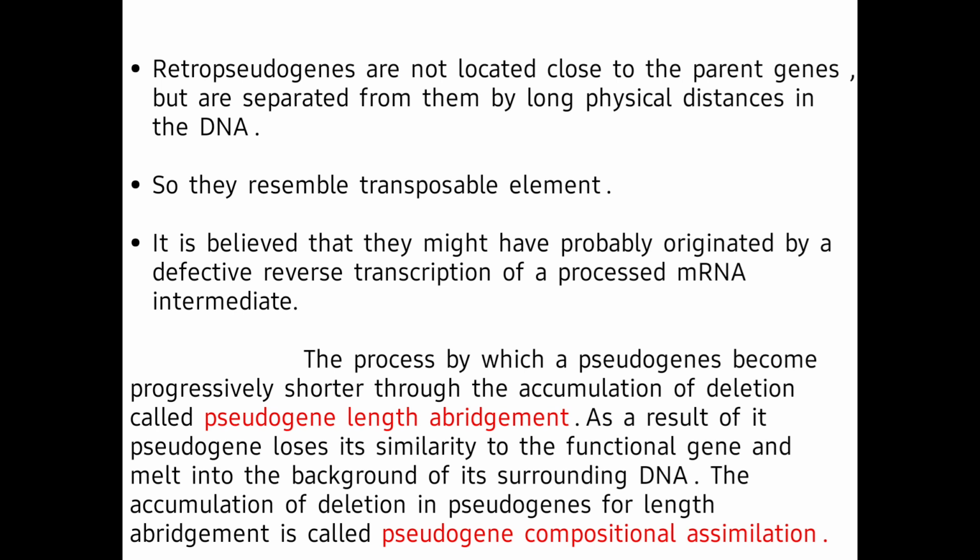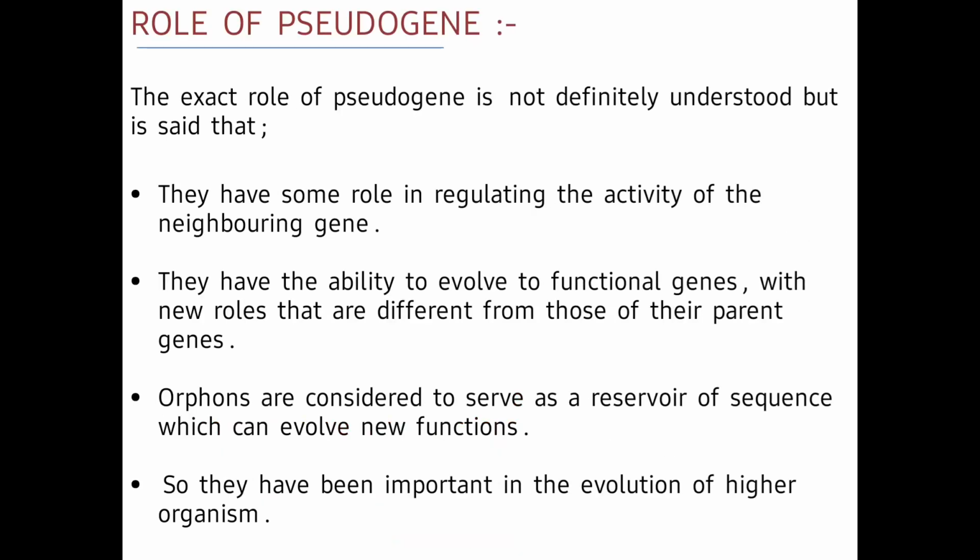As we said before, it is really similar to the functional genes, but here, due to the deletions, the pseudogene loses the similarity it had with its functional gene and melts into the background of its surrounding DNA. And the accumulation of deletions in pseudogenes for length aberration is said to be pseudogene compositional assimilation.